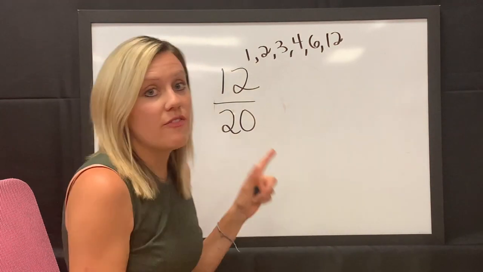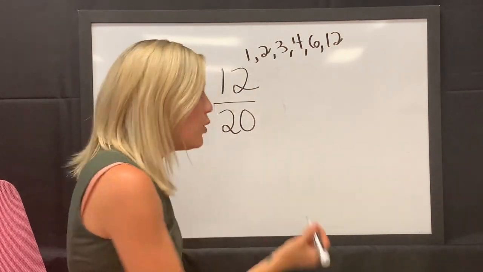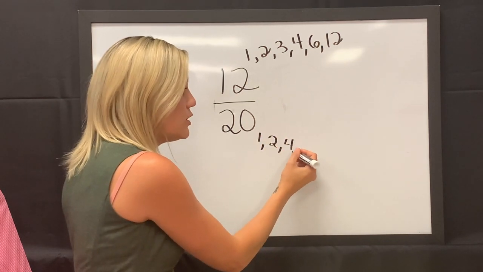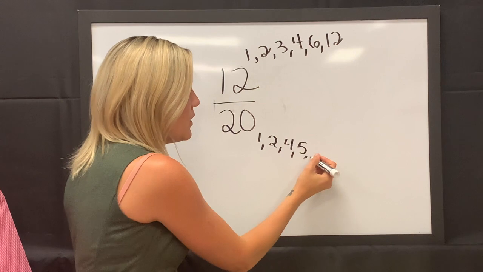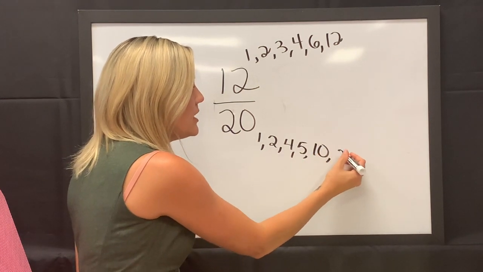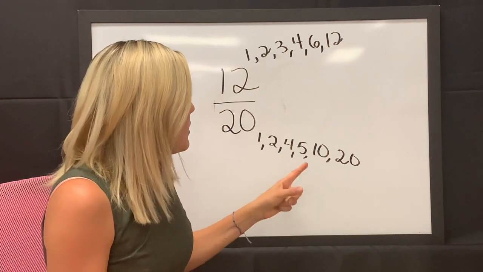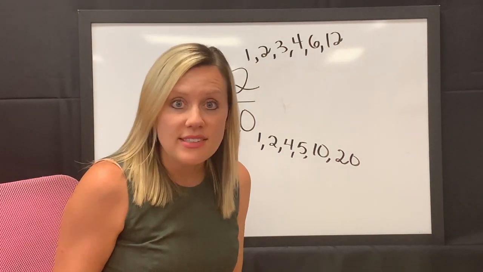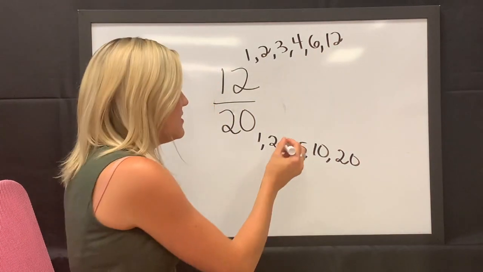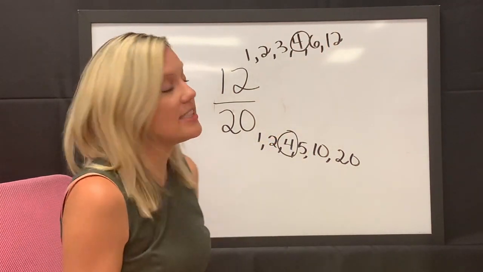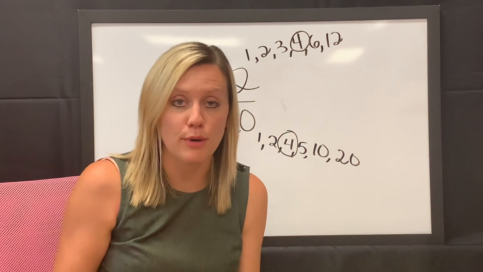And then if we're thinking of all the things that go into 20, well, 1 goes into 20, 2 goes into 20, 4 goes into 20, 5 goes into 20, 10 goes into 20, and 20 goes into 20. So the biggest number that goes into both of these numbers is 4. That's the largest number that goes into both.